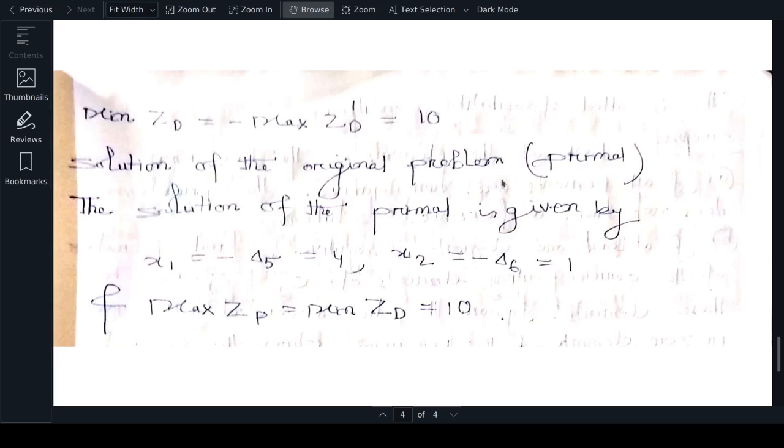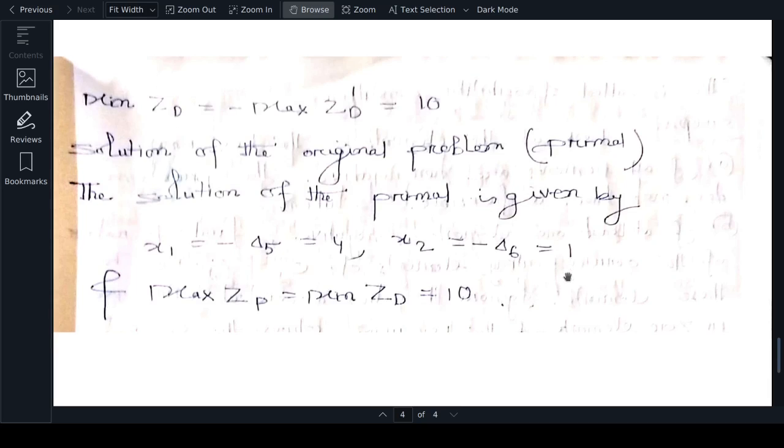Yes. You just consider the slack or surplus variable as the original solution of x1 or x2. Whichever comes first: suppose the slack one is W5, then you consider this x1. Surplus is suppose W6, then you consider this x2. Yes, sir. Okay.